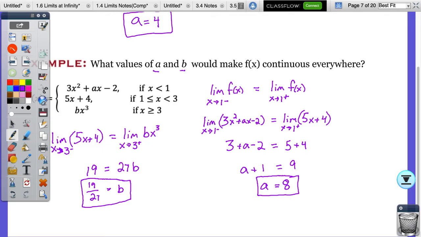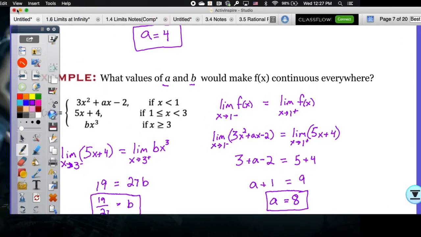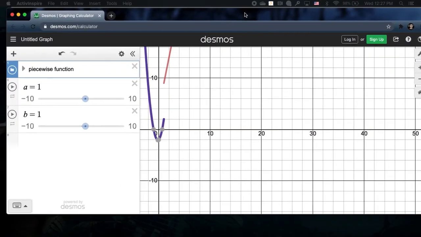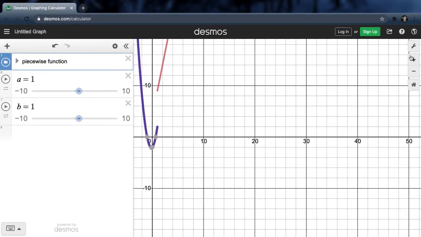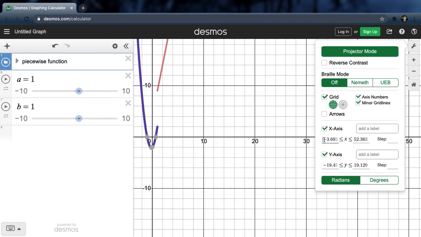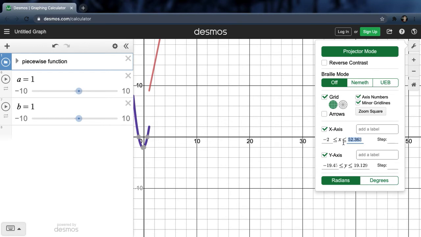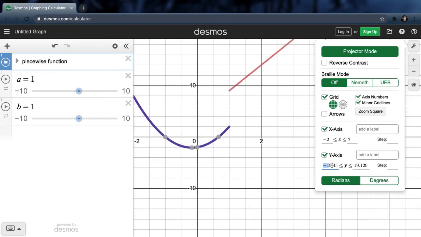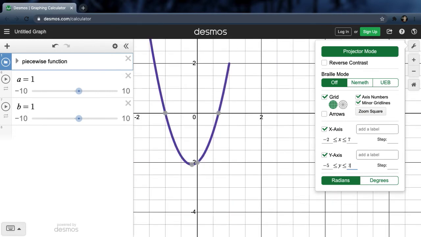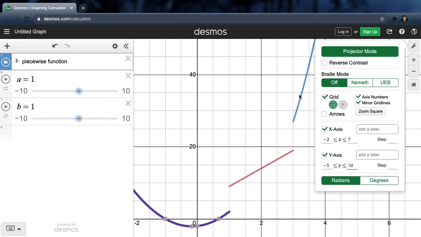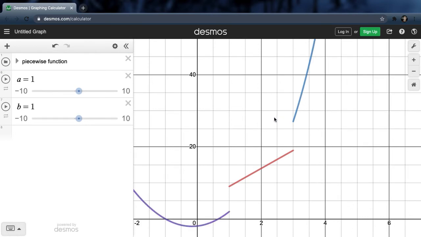All right, so graphically what's happening there? No, so just to see graphically, this is what we got going on.